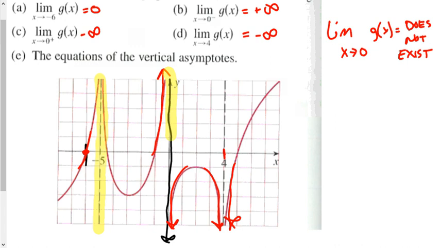We're going to go right here, that appears to be 0. And then right here at 4. So we always want to write these as equations, because they're the vertical asymptotes. So this would be x equals -5, x equals 0, x equals 4.